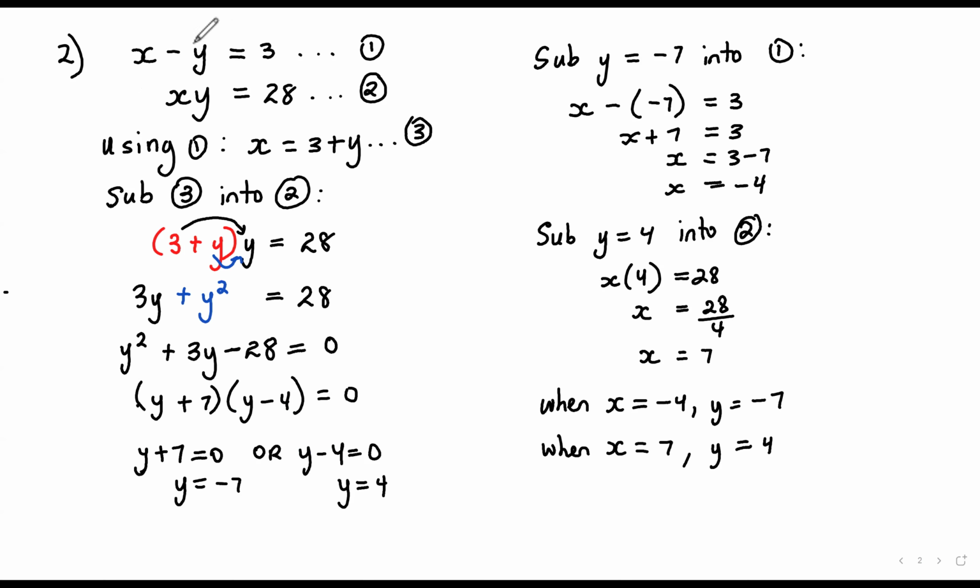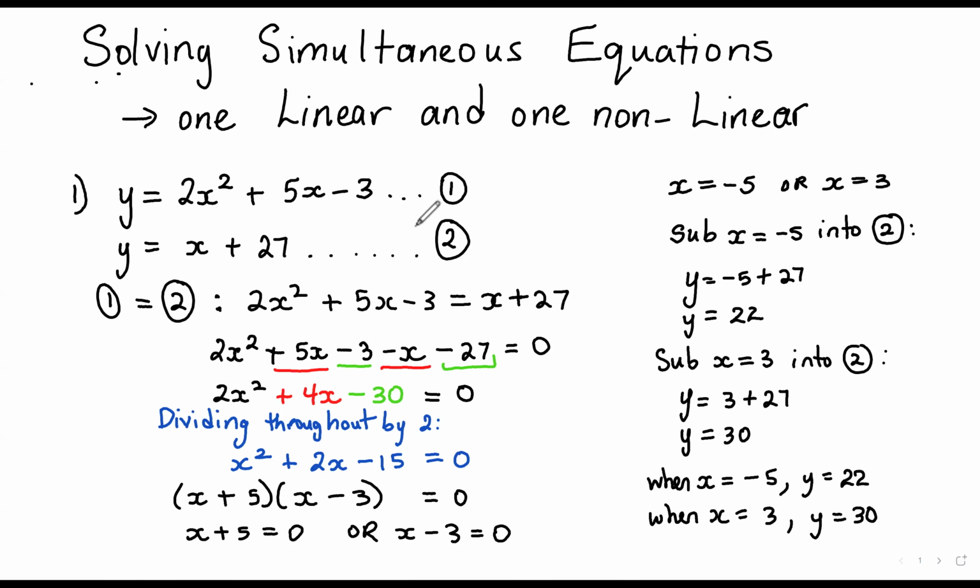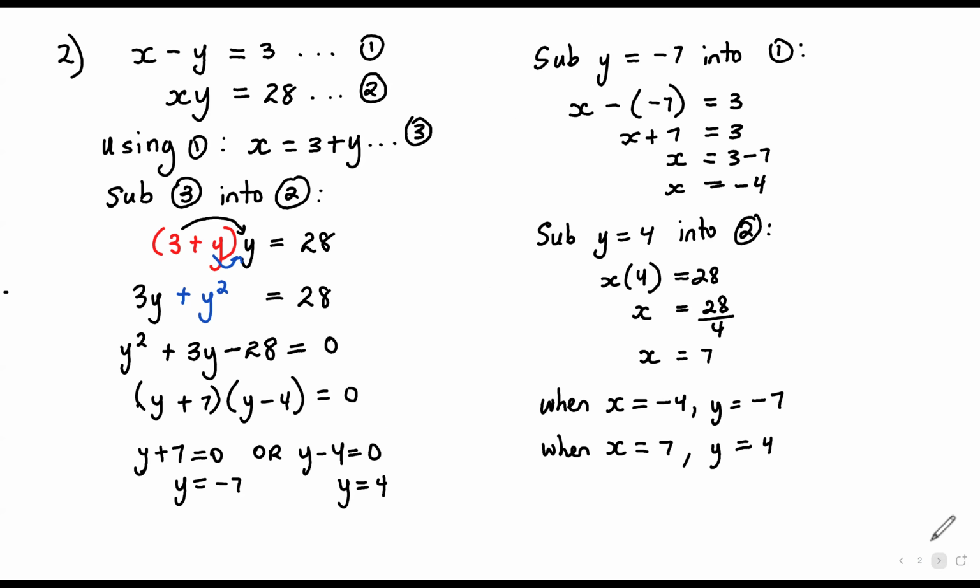Likewise, we could have made y the subject. We could have done y is equal to x take away 3, and you would have still ended up with the same answer, right? So most times with simultaneous equations where you have a linear and a nonlinear, it's either going to be a substitution or some kind of equating of the two equations, right?